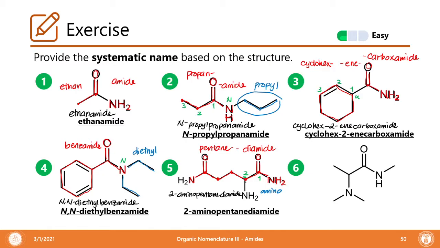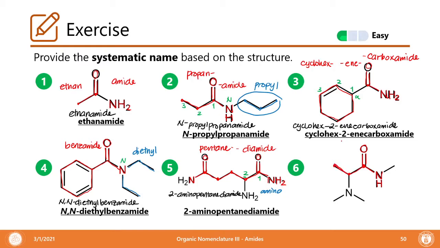Okay, now let's go to the last example. Okay, here we have our amide, and this carbonyl carbon is part of a parent chain with 1, 2, and 3 carbons.